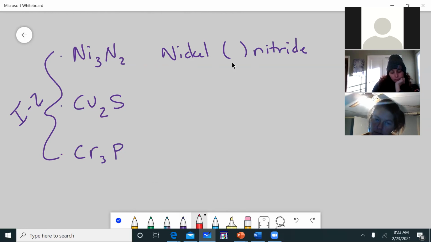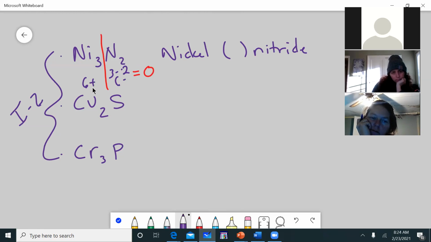So now we've got to get that Roman numeral in there. So let's cut this thing in half. The whole thing needs to equal 0. What is the nitrogen's charge? Nitrogen always has a 3- charge, and there's 2 of them. So that's an overall 6- charge. So that means that the total charge on this side needs to be 6+. But how many are there? There's 3 of them.